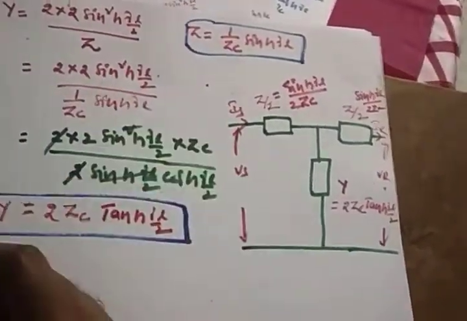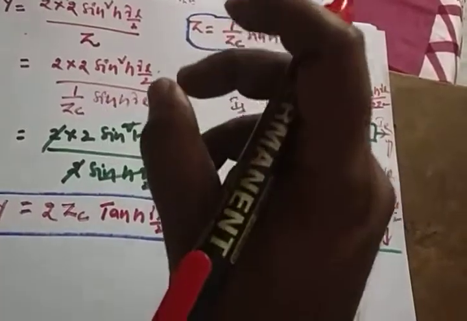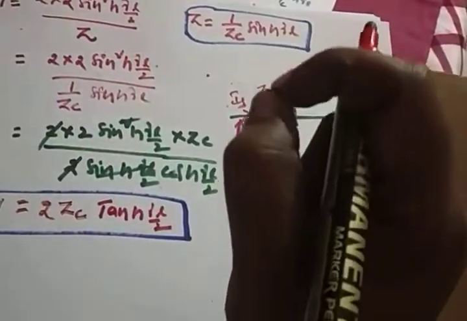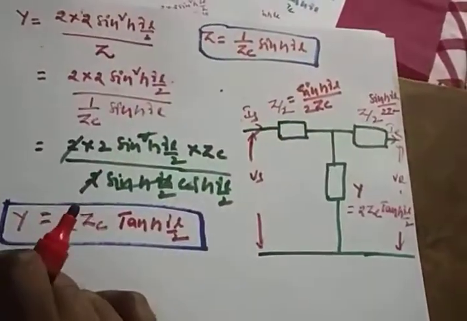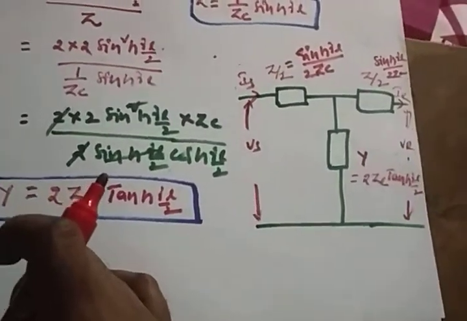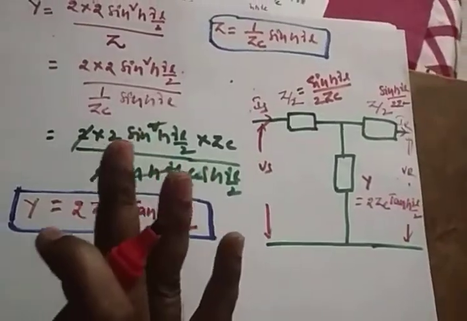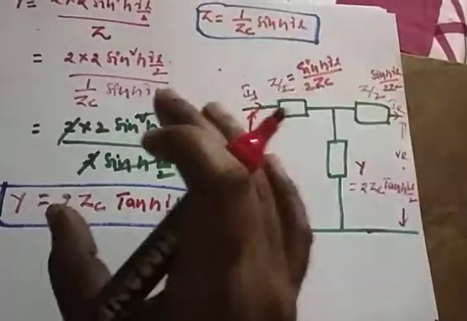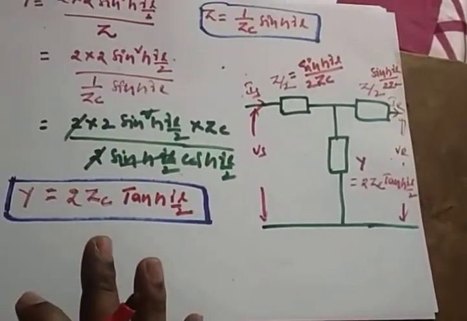Cosh gamma L. What is the value of B? Zc sinh gamma L. What is the value of C? 1 by Zc sinh gamma L. What is the value of D? Cosh gamma L. Right? Like that we will solve the equations, and we got the value of Vs, Is in the form of Vs, Is is equal to ABCD times Vr, Ir, right?